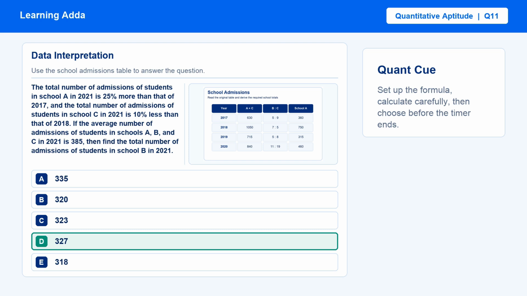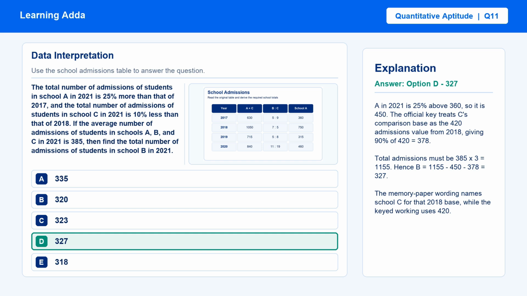The answer is option D 327. A in 2021 is 25% above 360, so it is 450. The official key treats C's comparison base as the 420 admissions value from 2018, giving 90% of 420 is equal to 378.